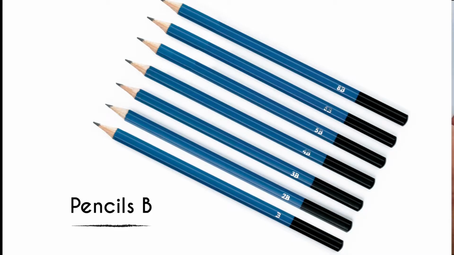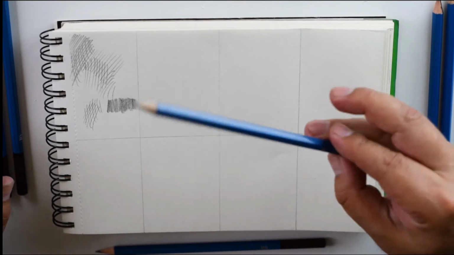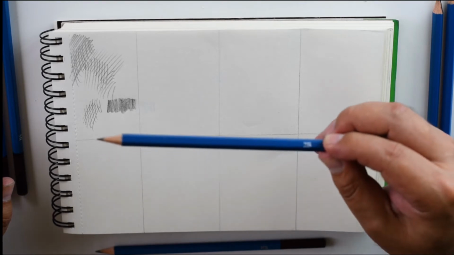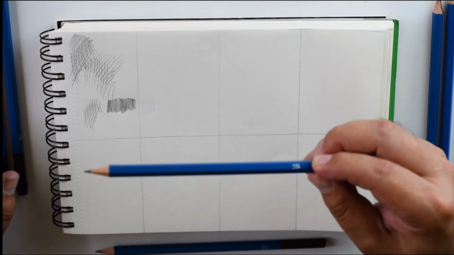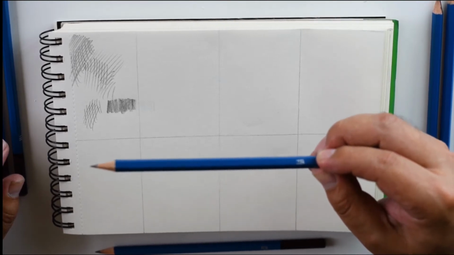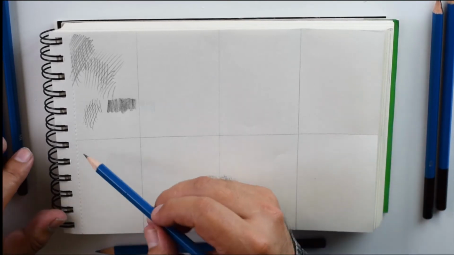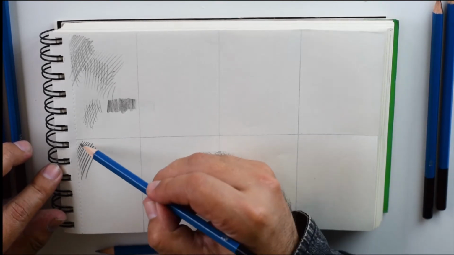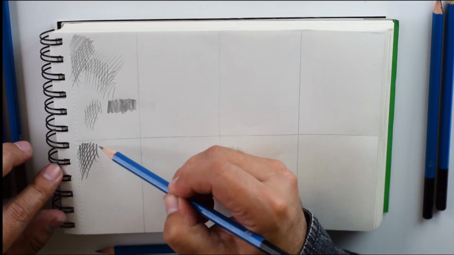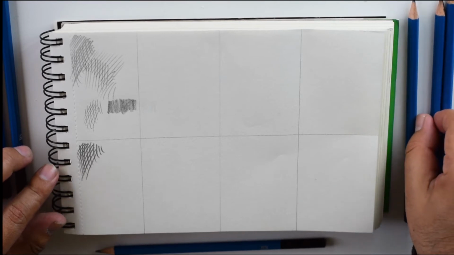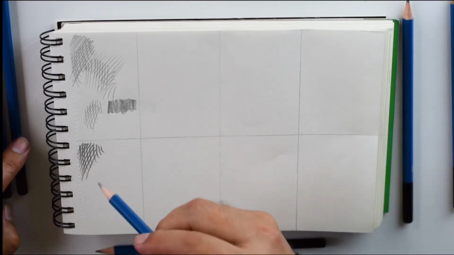On the other side are pencils B. B refers to black. That means that the intensity of black will be much stronger because the mine is much softer. Watch. I am exerting the same amount of pressure I exerted with the H pencils.